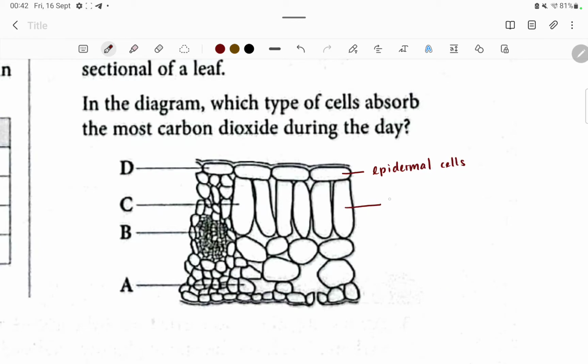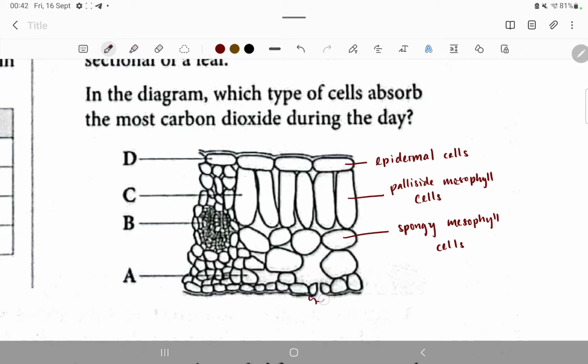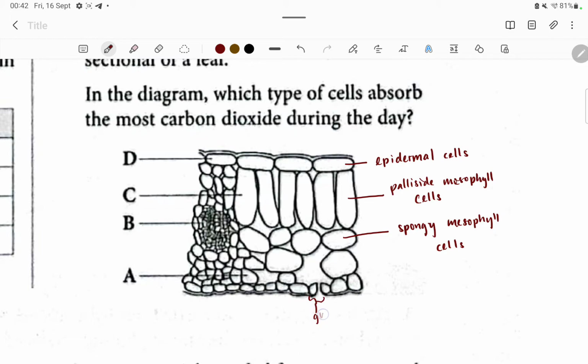This one, palisade mesophyll cells. This one, spongy mesophyll cells. And then these two are guard cells. This one is vascular bundle.